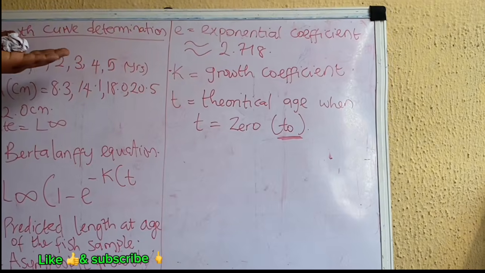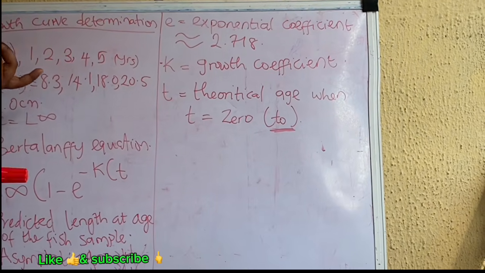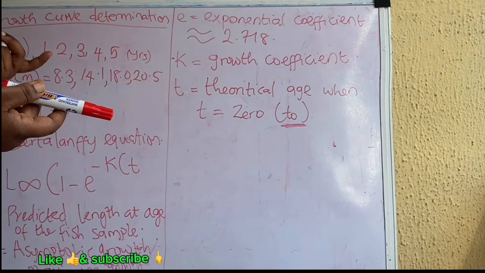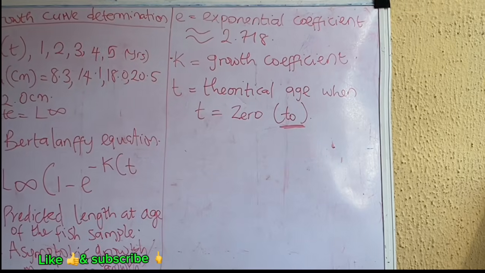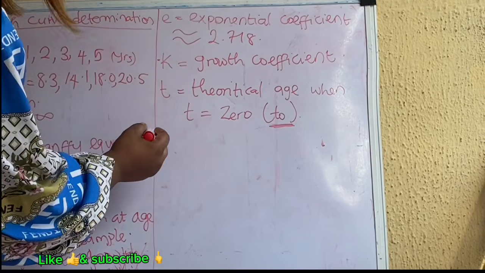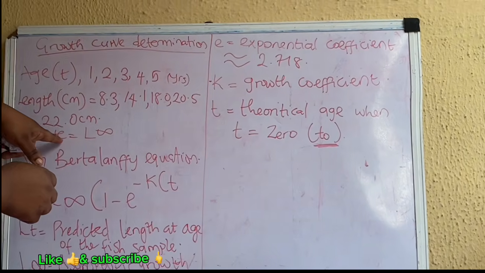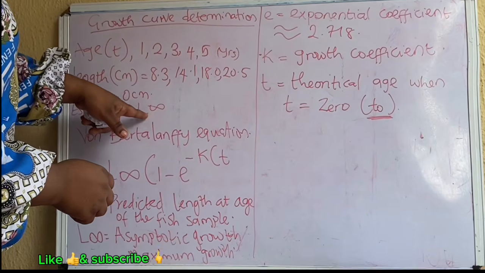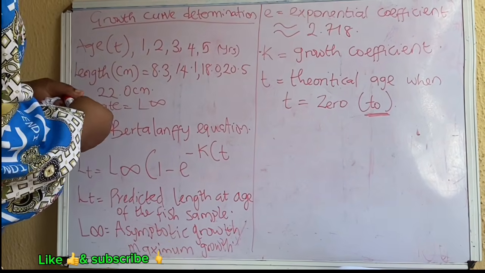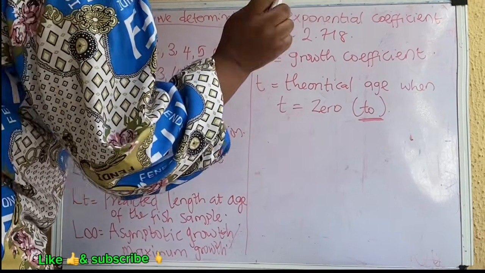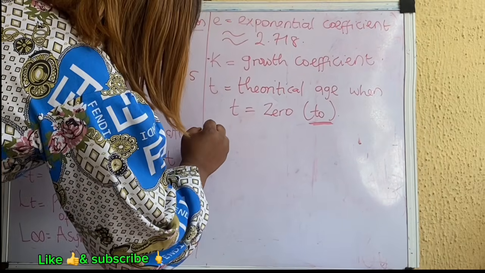These are basically a population of smaller fishes, probably the tilapia nilotica. Now we are asked to estimate the length asymptotic.